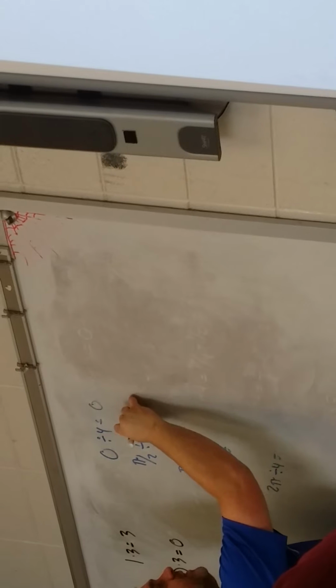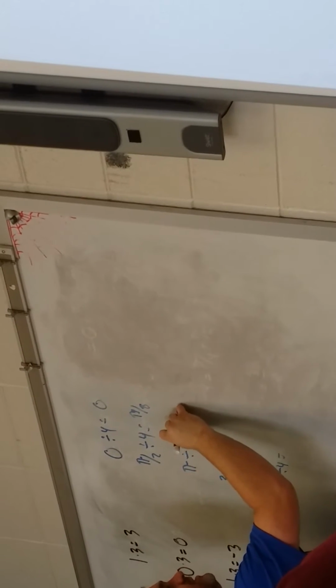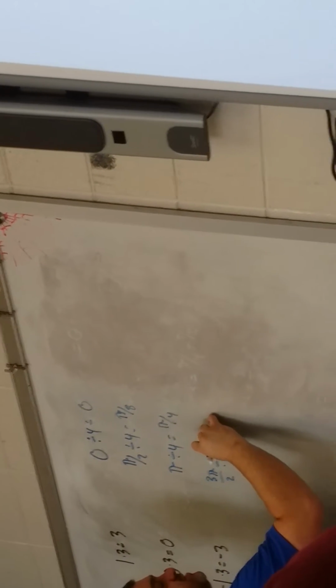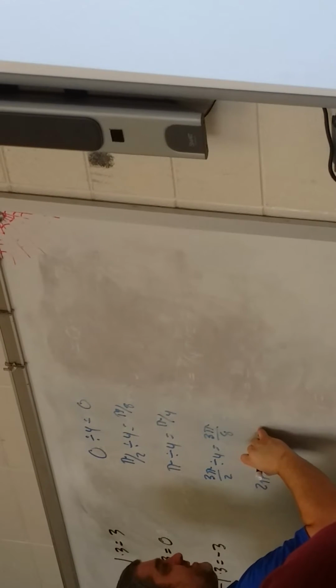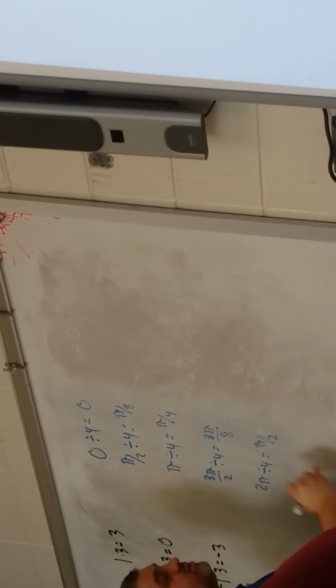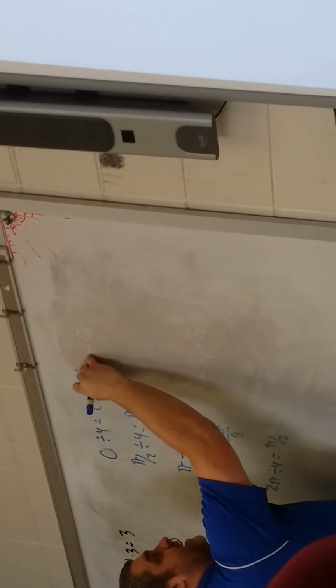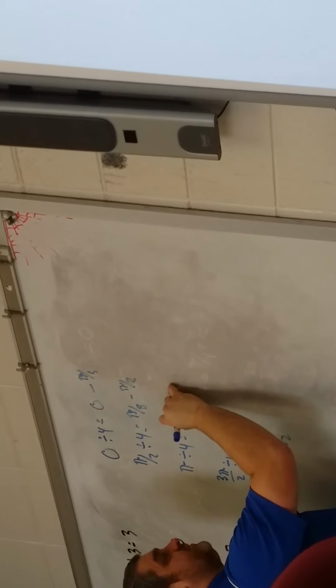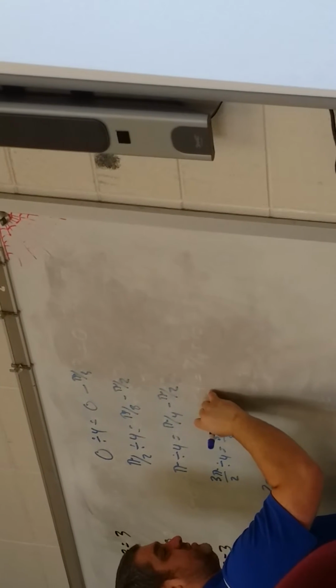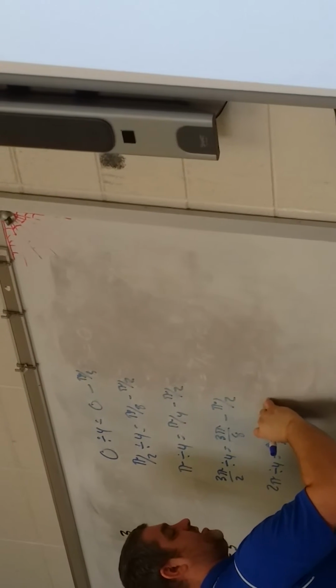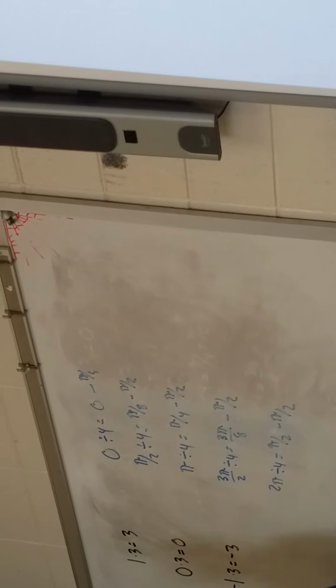That's 0, that's pi over 8, that's pi over 4, that's 3 pi over 8, that's pi over 2. Then we subtract. Minus pi over 2, minus pi over 2, minus pi over 2, minus pi over 2, minus pi over 2.